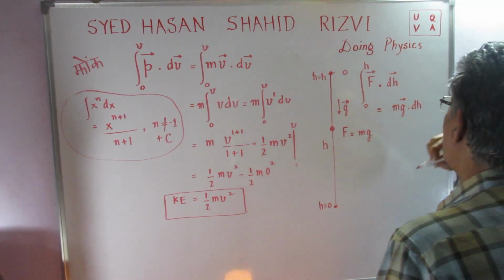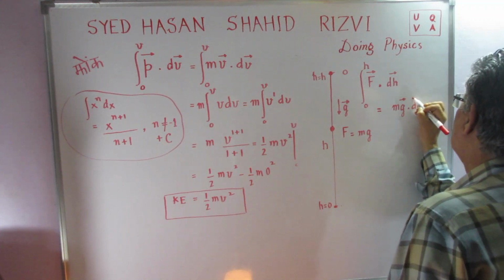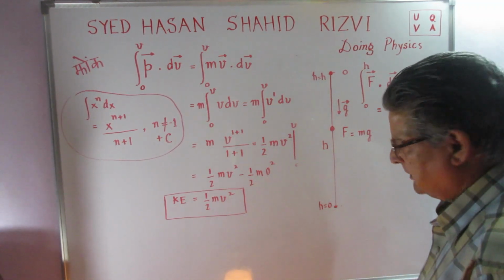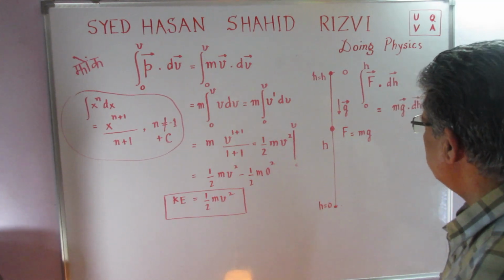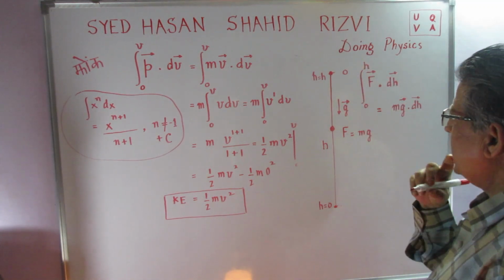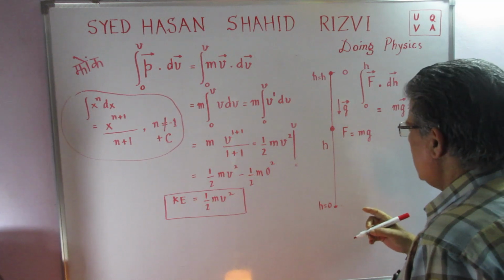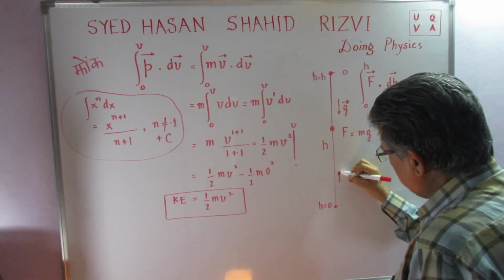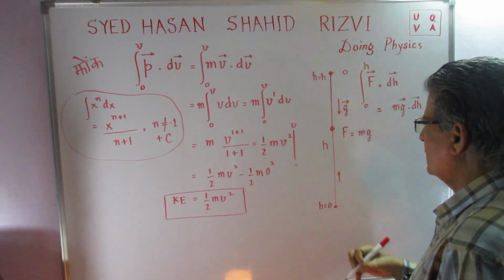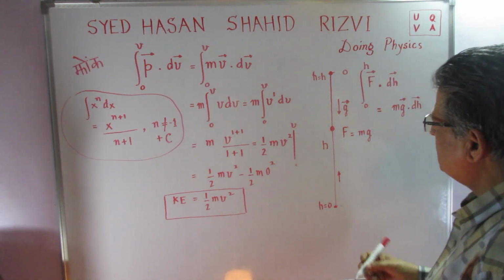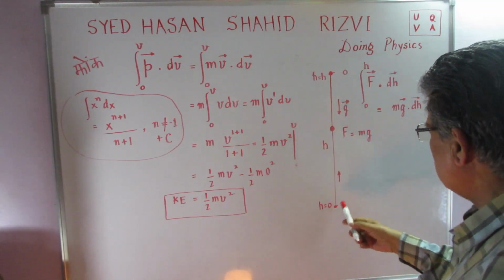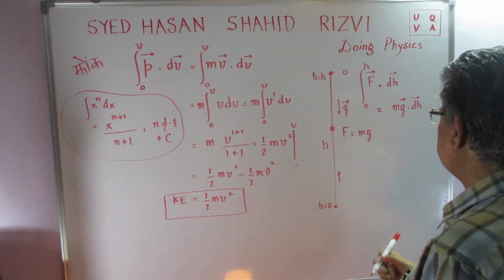The direction of g and dh is the same. My motion could be from h equal to 0 to h equal to h, or it could be from here with 0 kinetic energy, and then the kinetic energy is increasing.